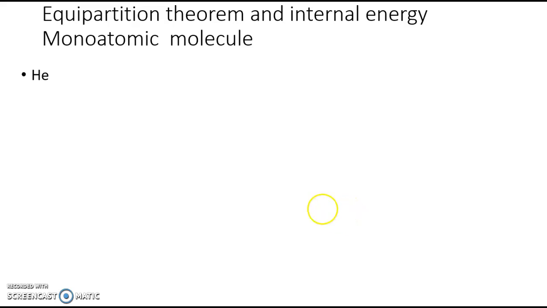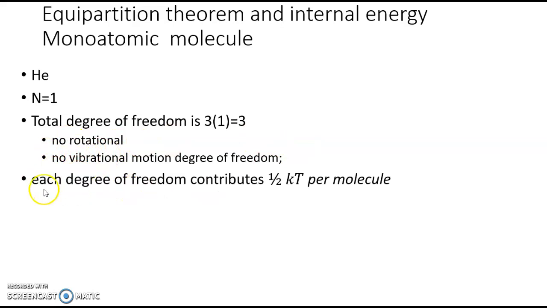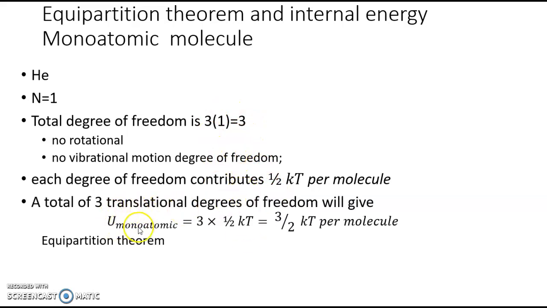So let's look at that for a monoatomic molecule, n equals 1, so the total degree of freedom is 3. We have no rotational degree of freedom, no vibrational degree of freedom, and since each degree of freedom contributes to the total, that means that for a monoatomic molecule, the internal energy is 3 times half kT.